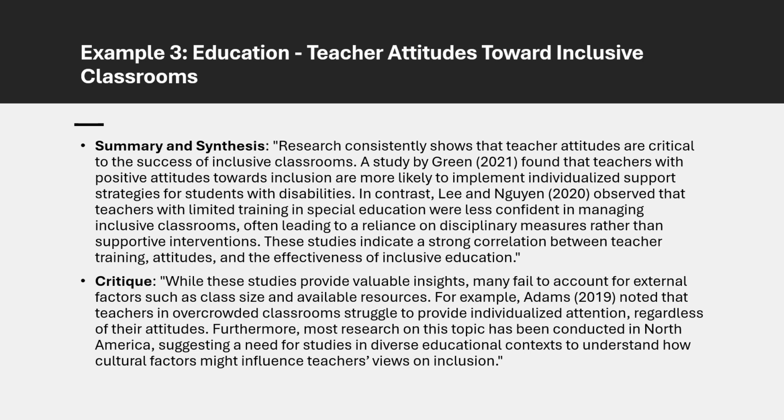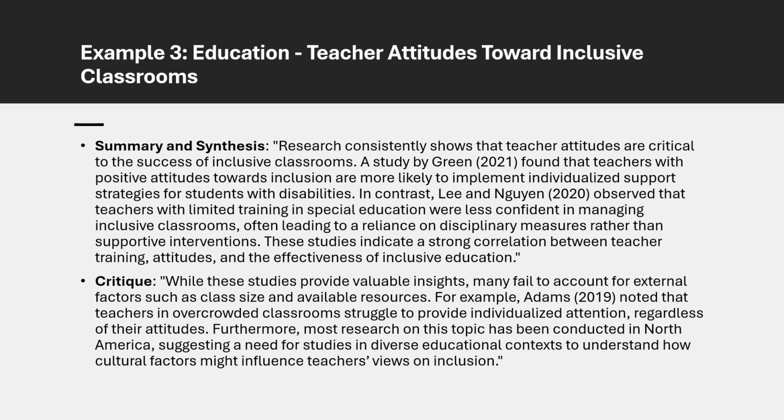All right, let's keep going. Example three, teacher attitudes towards inclusive classrooms. So this section focuses on how teachers' attitudes towards inclusion influence their effectiveness in inclusive classrooms. So Green 2021 noted that positive attitudes among teachers led to more supportive practices for students with disabilities.